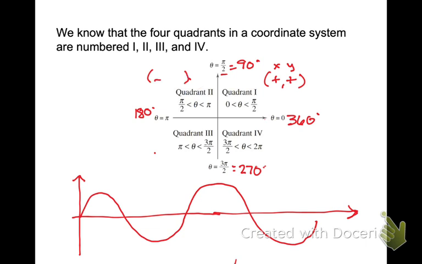Negative, positive. So cosine will be negative and sine will be positive. In the third quadrant, they're both negative. So both sine and cosine are negative, so that means tangent's positive when you start learning those. And in the fourth quadrant, X is positive and Y is negative.